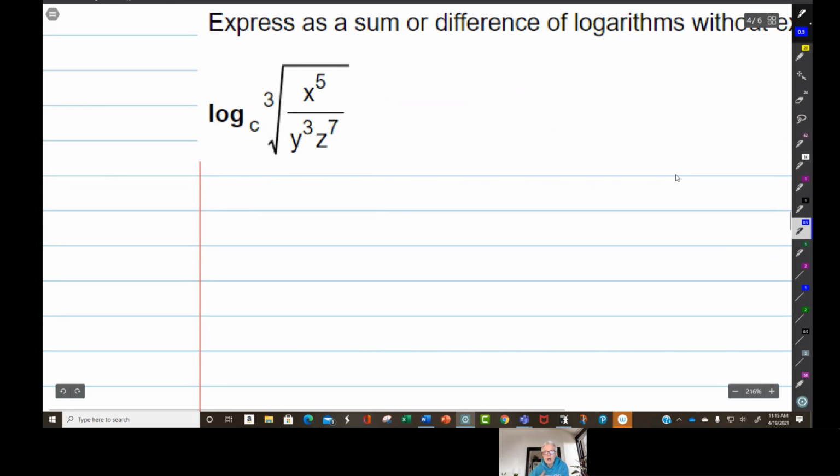Now this is not written that well, and it's the reason that I have a real problem with the way this book does not put the argument in parentheses. So I'm going to rewrite this.